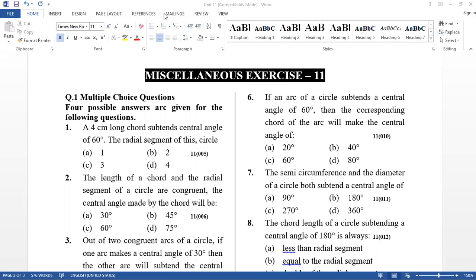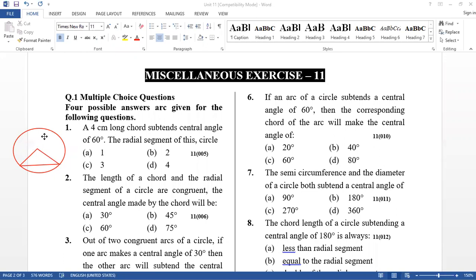For that purpose, I will have to draw a diagram so that we can relate it. The statement is about a circle, and in this circle we have a chord which is 4 centimeter long, and this chord will make a central angle obviously at the center.